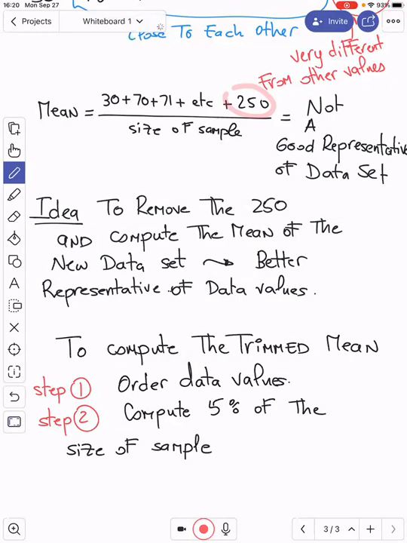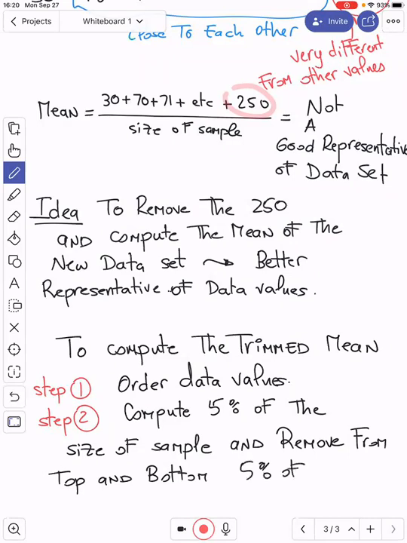So we compute 5% of the size of the sample, and then we have to get rid of, remove or delete, from the top and the bottom 5% of the values.